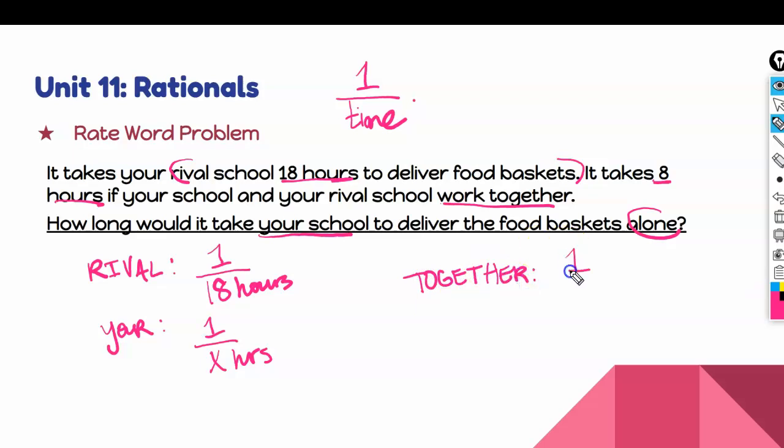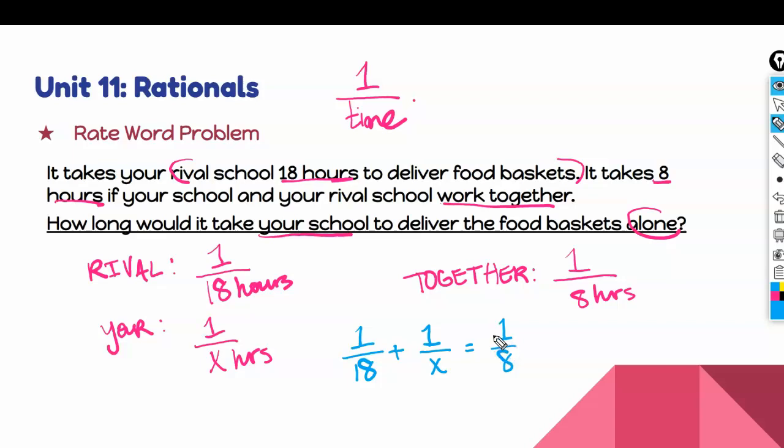They can do a round of food basket delivery in 8 hours. Well, what am I going to do with these fractions? I am going to create an equation. So the equation is just the two parts add together to make the total.